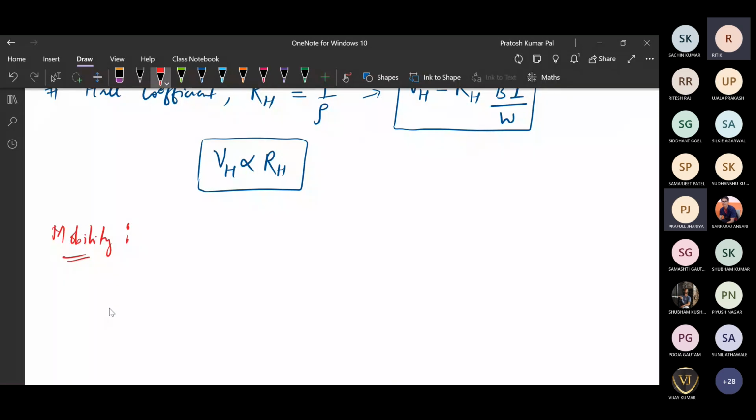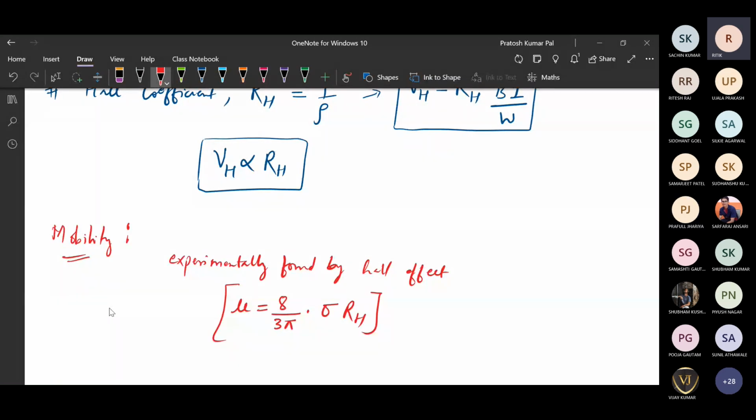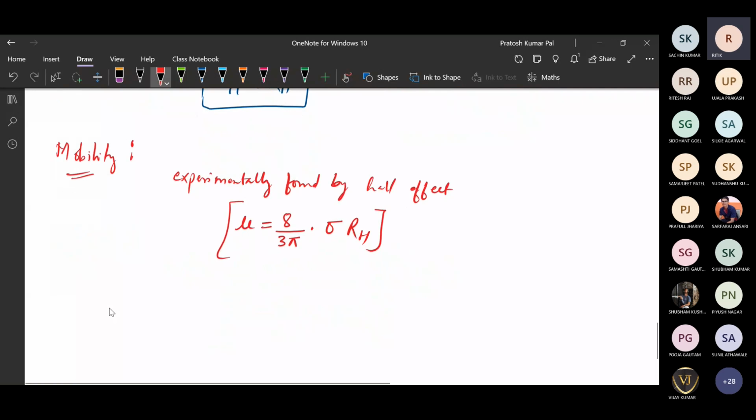It has been experimentally found from the Hall effect that mu is related to the Hall coefficient and sigma by 8 by 3 pi into sigma RH, where sigma is the conductivity of the specimen, whatever specimen we have used.